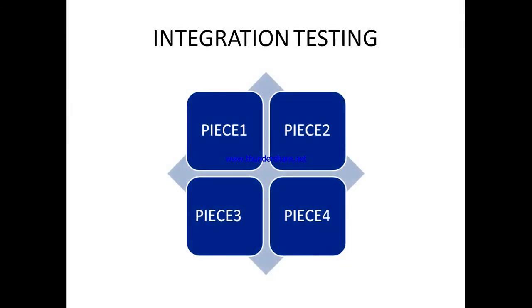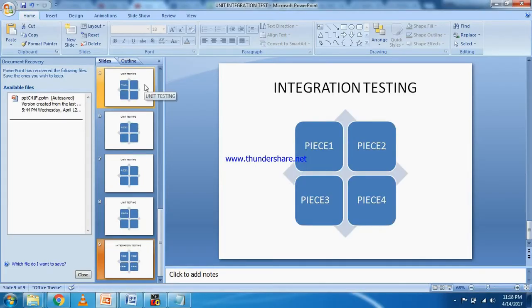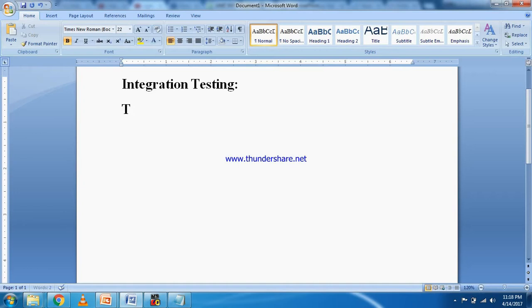While performing integration testing, the Scrum team developer follows some approaches. Those approaches are the top down approach, the bottom up approach, and the hybrid approach.